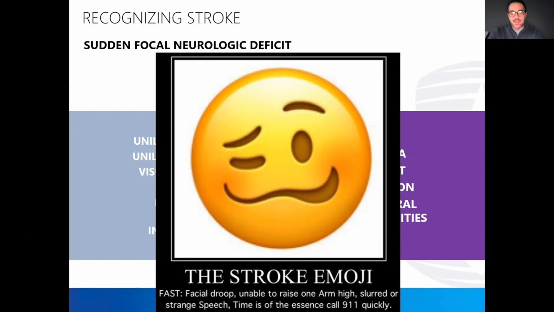I ended up doing a thrombectomy, and I always commend the family for acting quickly and bringing their loved ones in as soon as possible. The grandmother told me it was actually her granddaughter who picked this up. The granddaughter said a friend had forwarded her this emoji, and she remembered the FAST mnemonic and thought this was essentially what her grandmother was having.